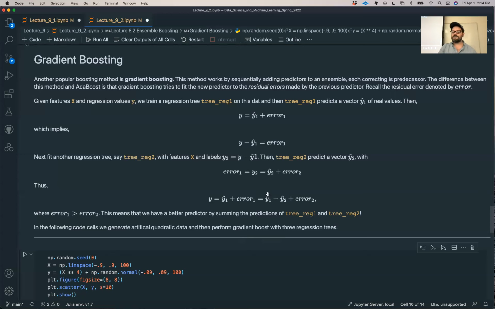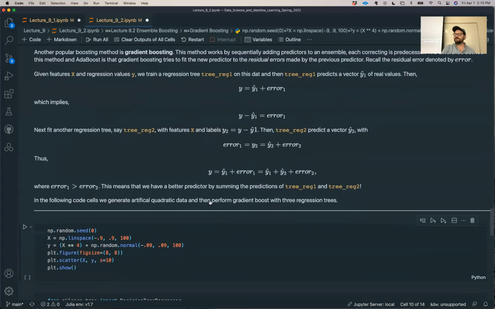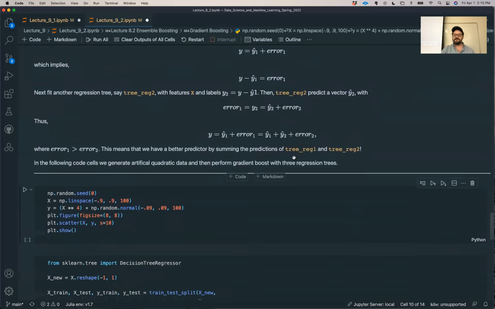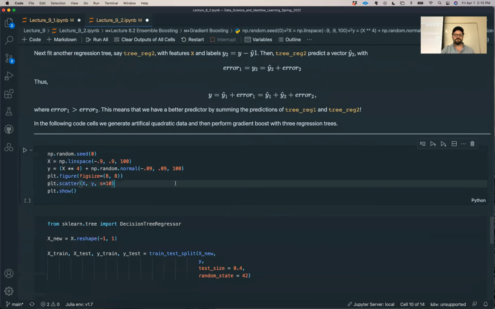So the sum of the predictions is going to become a better and better approximation to the true labels. It's kind of clever, right? We know that there is some error here. Let's just learn what that is. And then there's another error. Learn what that is. Learn what that is. So let's go ahead and make some artificial data to view this.